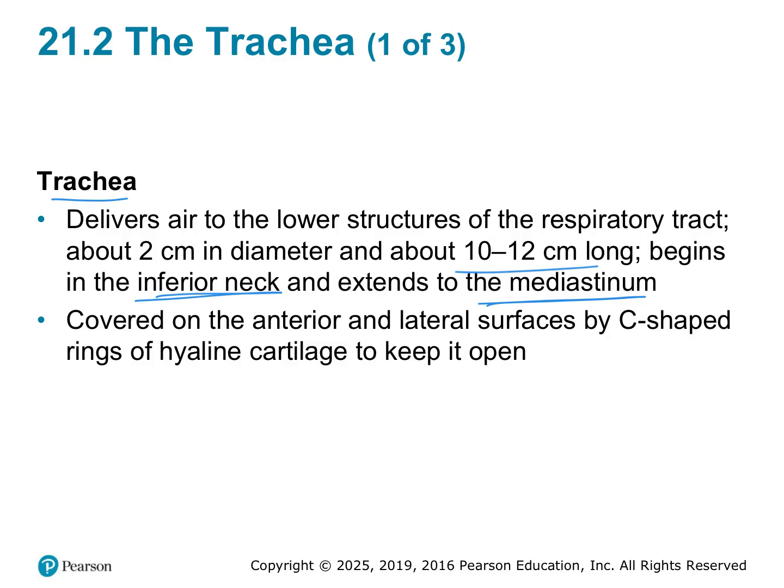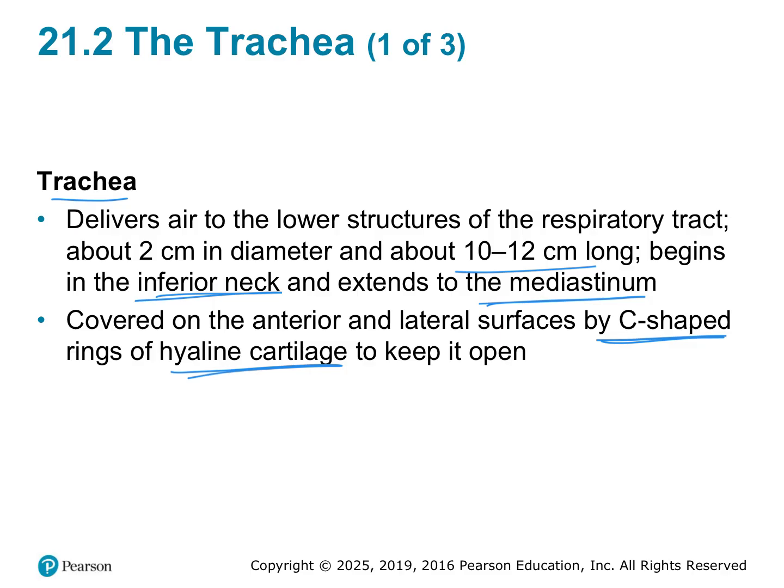This structure has C-shaped rings on it, and the rings are made up of hyaline cartilage, and they help hold the trachea open. We don't want the trachea collapsing, because if it collapsed, air would not be able to pass freely through it, whereas the esophagus, which is posterior to the trachea and involved in movement of foodstuff, is a muscular tube that does collapse. The trachea is not going to collapse, it's going to stay open.